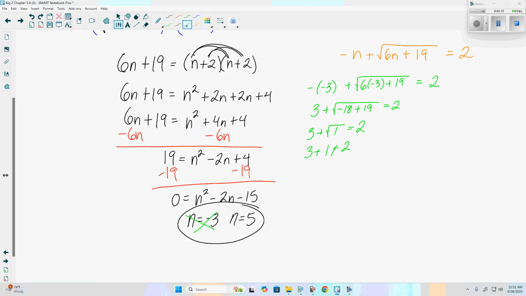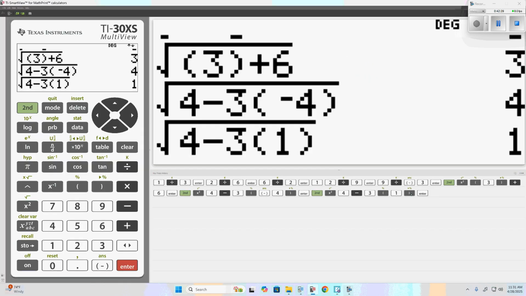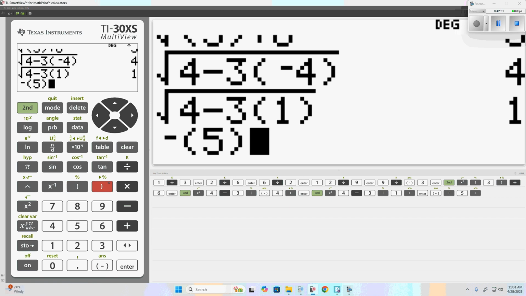Now we can redo this. Instead of having negative 3, we can have 5. So negative 5 plus the square root of 6 times 5 plus 19 equals 2. Now, I'll do this probably like the way that y'all would do it on the test.